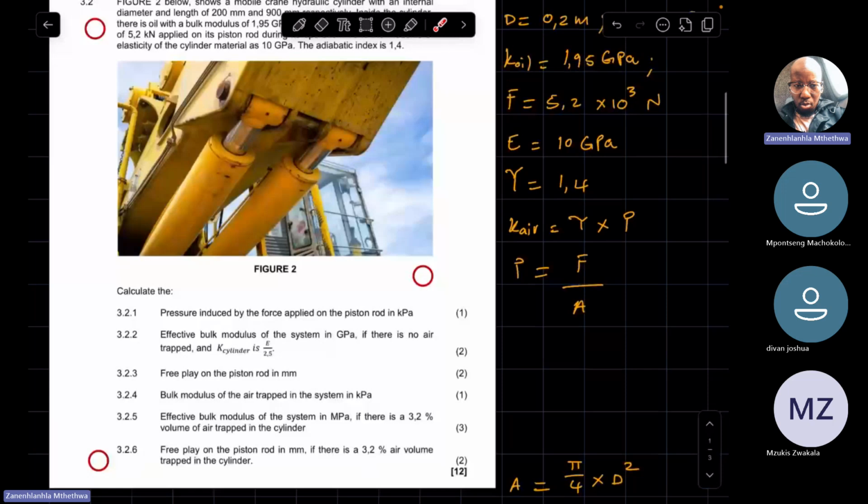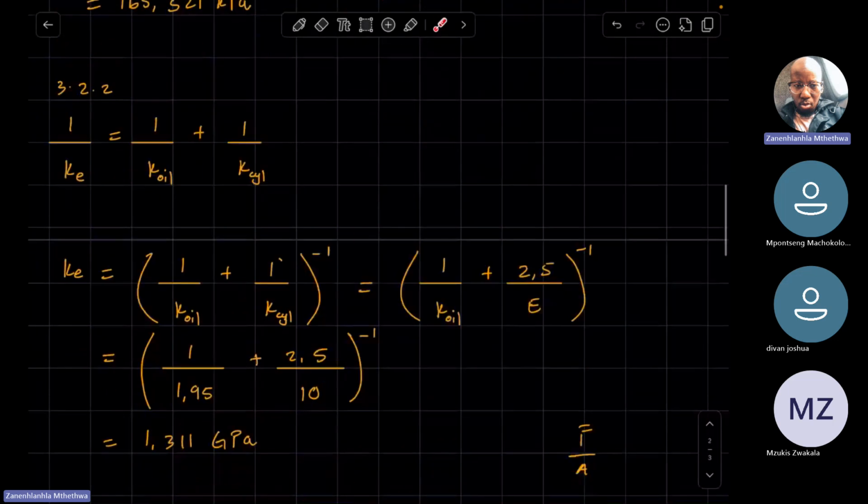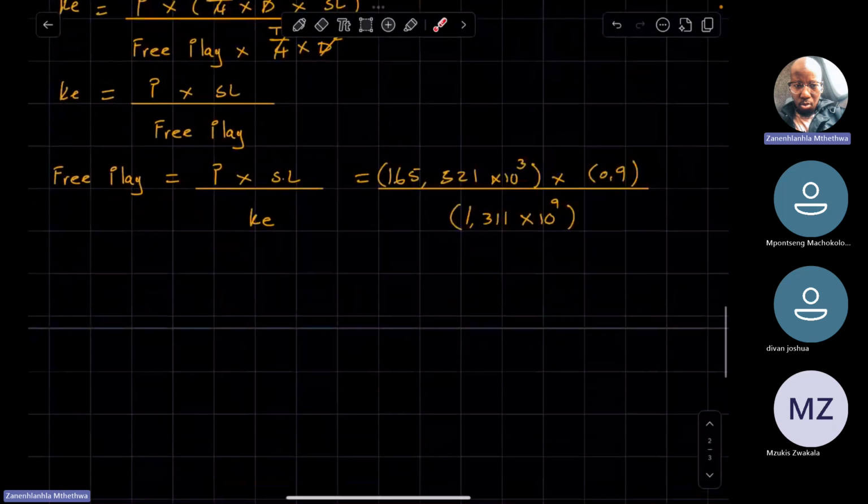Now they said calculate the free play on the piston rod in millimeters, so whatever we get here, we must express in millimeters. So what are you getting here?